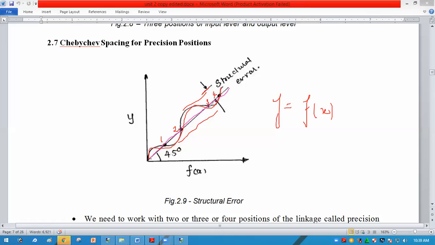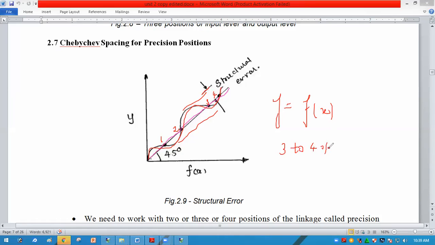For most cases, this error may be about 3 to 4%, so that is what you see in this graph.